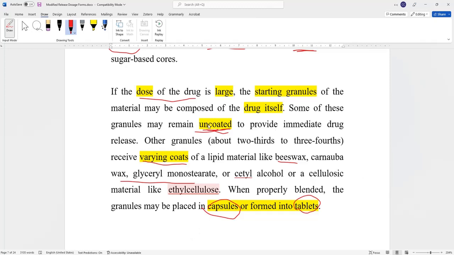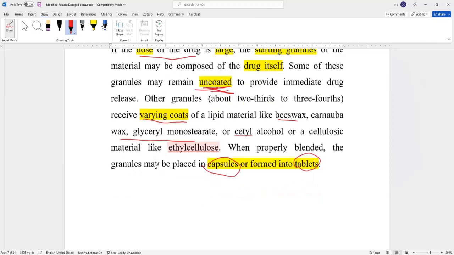The uncoated granules will dissolve first, and then granules that have been coated with less beeswax, for example, will dissolve faster than the ones with a higher degree of coating, and so on. So I will have an extended release form.